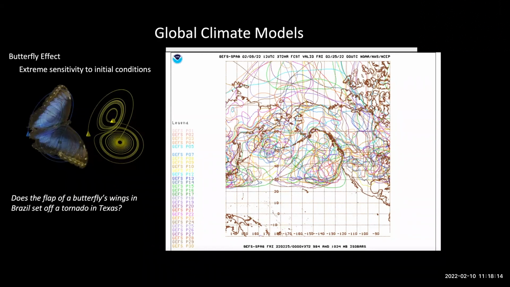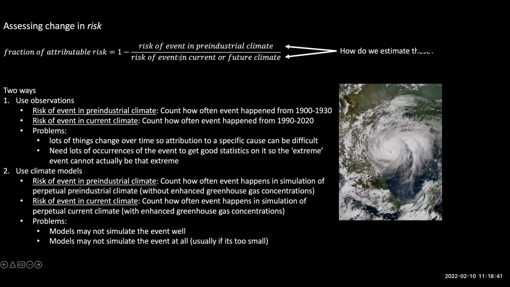And so that's why climate models can be used to do this type of calculation with the fraction of attributable risk. It's just going to be producing weather, and you don't take that seriously, but you can take the climate part seriously: if you average over enough time, then if the model is good, it should give you a good estimate of this risk of a given event.